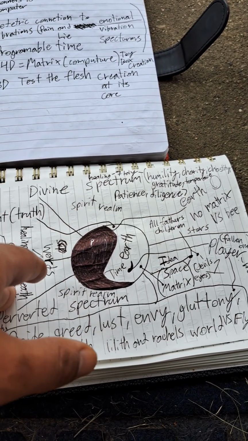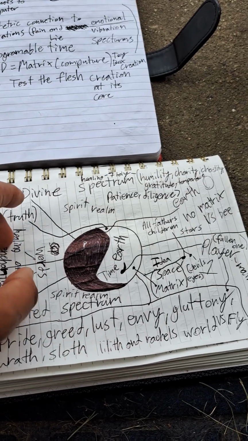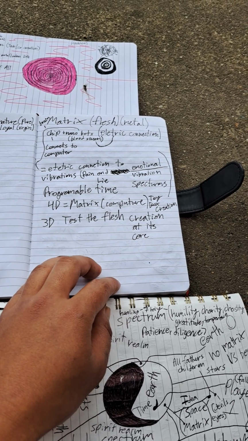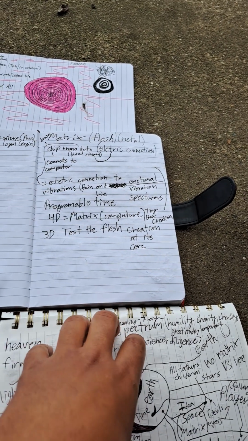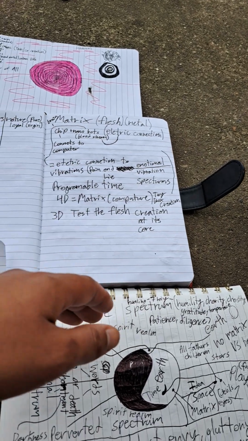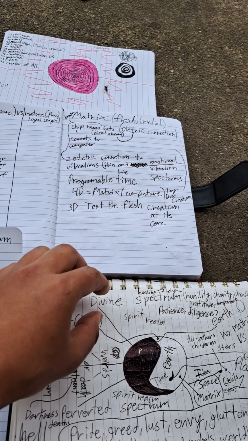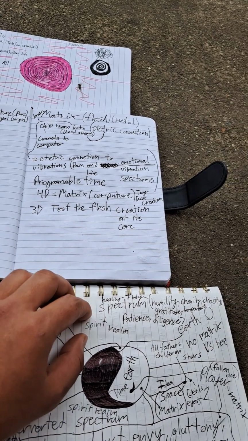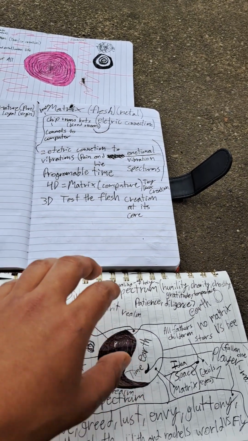So through the 4D and the 3D coexisting with the flesh and metal matrix, you can map out visually in the 2D what 1D heaven's vibration looks like. You can look at it, you can see it, but you can't touch it, if that makes sense.